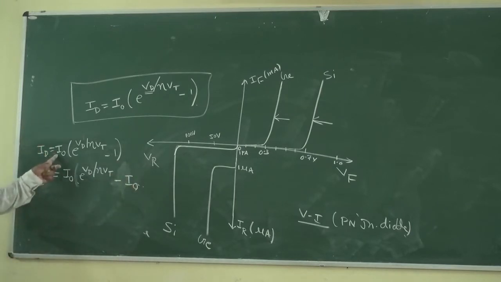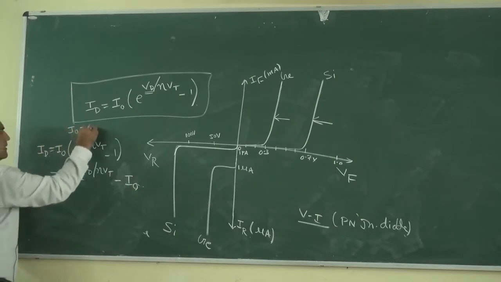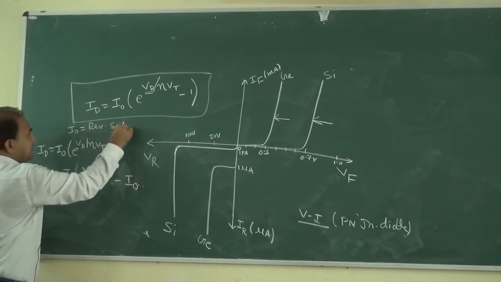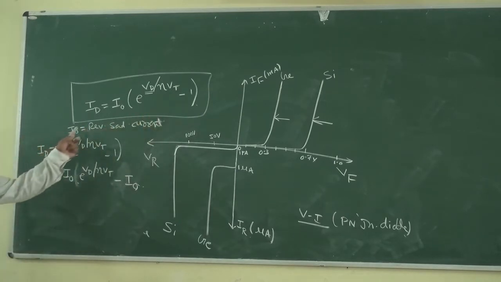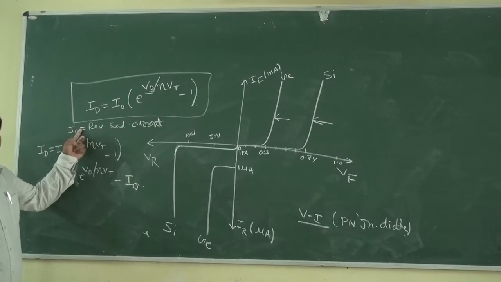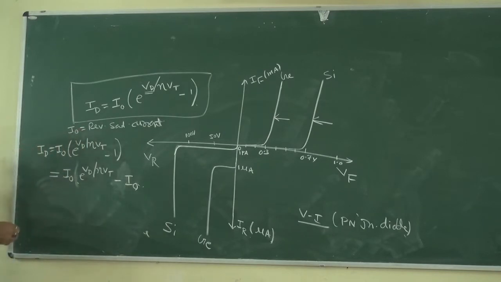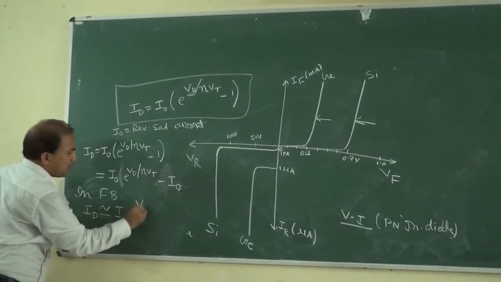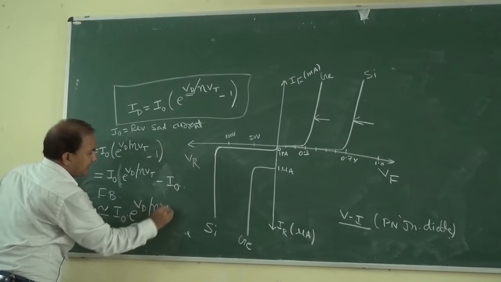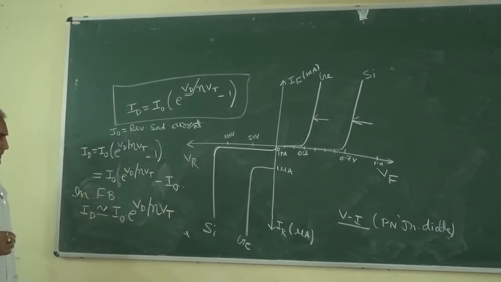What is I naught? I naught is the reverse saturation current. The reverse saturation current is due to the minority carriers in reverse bias condition. So in forward bias, we can write ID is approximately equal to I naught into e to the power Vd by eta Vt.